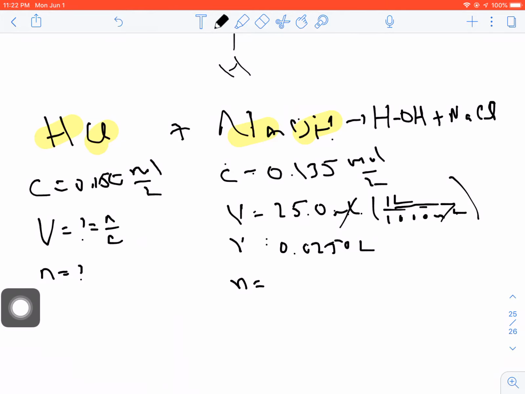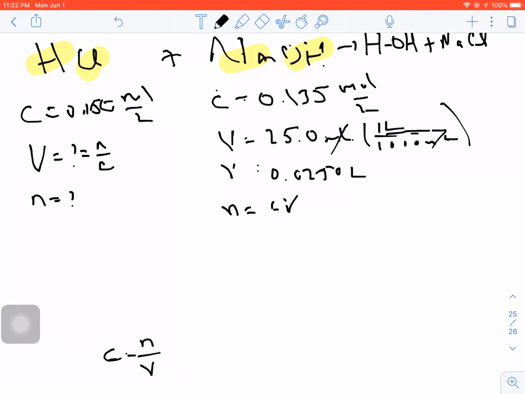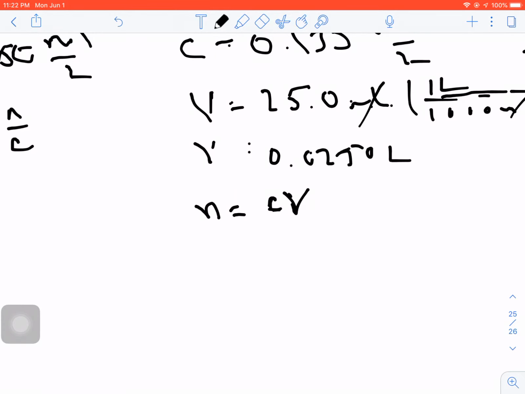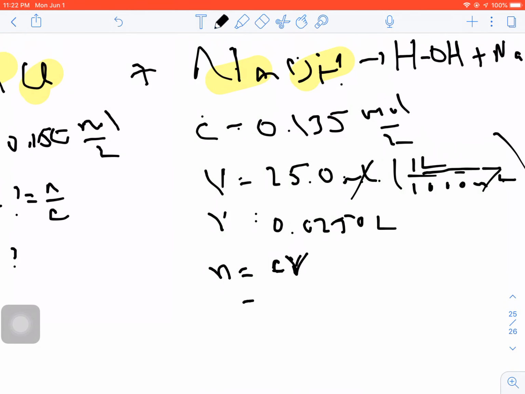So, number of moles, again, if I look at the formula that I had down here, I'm going to bring the V down here beside C, so I get n equals C times V. N equals C times V. And I know the concentration, it's given up the top here, which is 0.135 moles per liter, times my liters of 0.0250 liters, and I will get a number of moles which is 3.38 times 10 to the minus 3 moles.